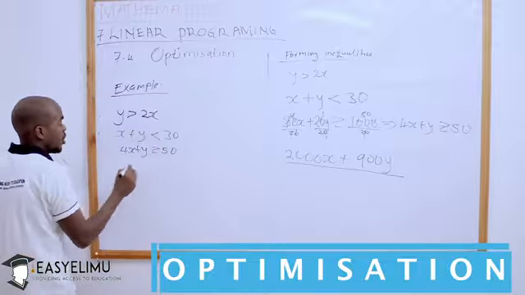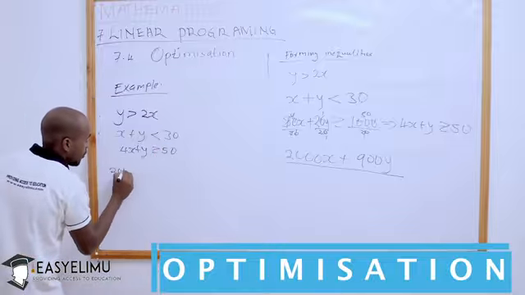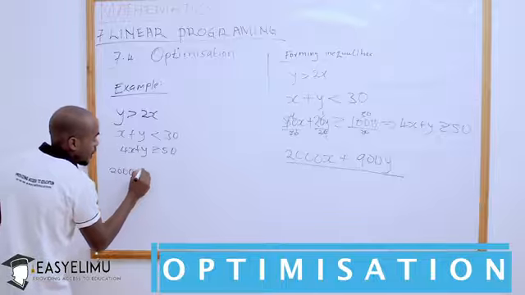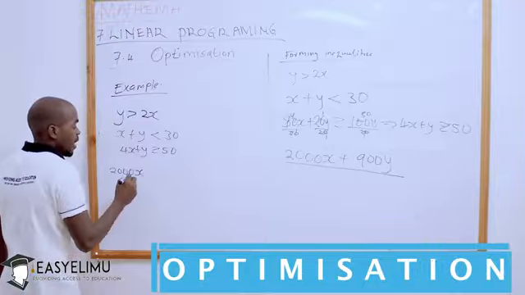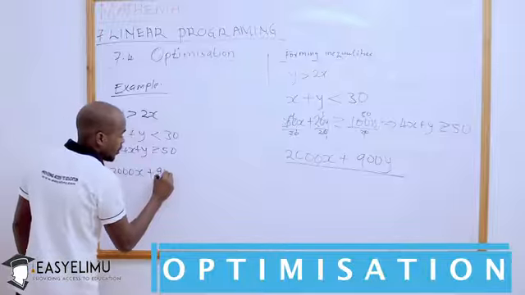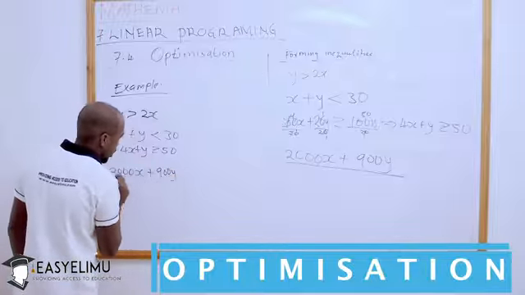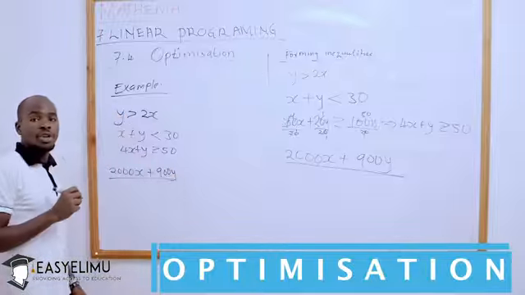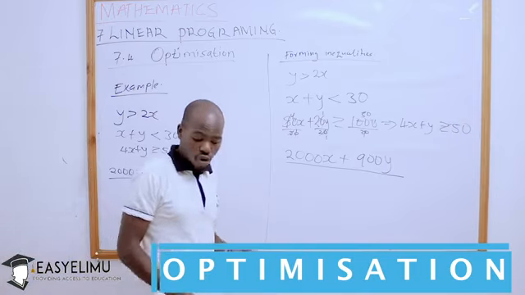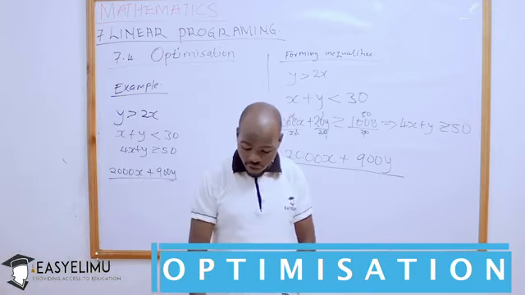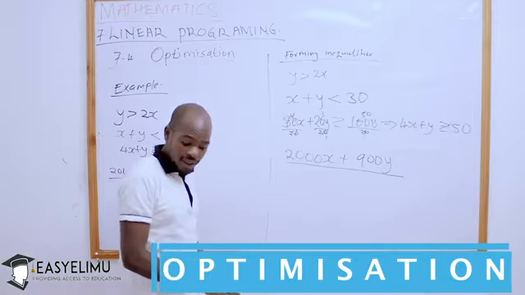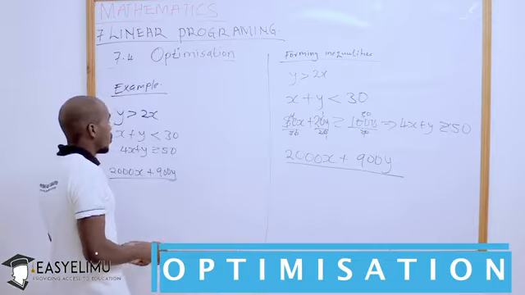And we have found an objective function: 2000x plus 900y. We shall see how we may use it to find the maximum or minimum expenditure that the contractor will make. For that, we now need to graph this.